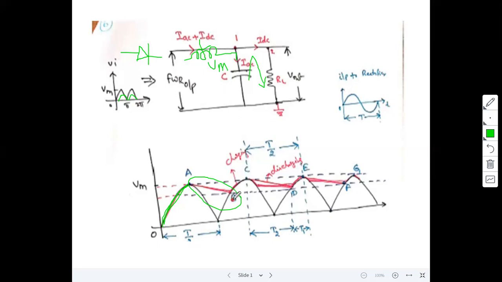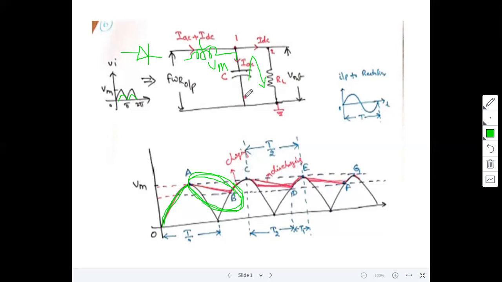So during this region the current is discontinuous. When the current is discontinued, a back EMF is produced in the inductor and the output DC voltage decreases.